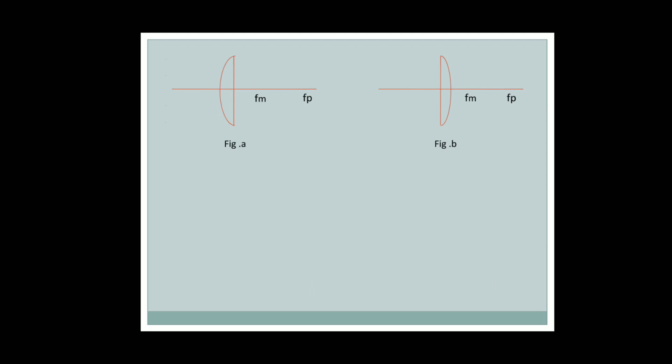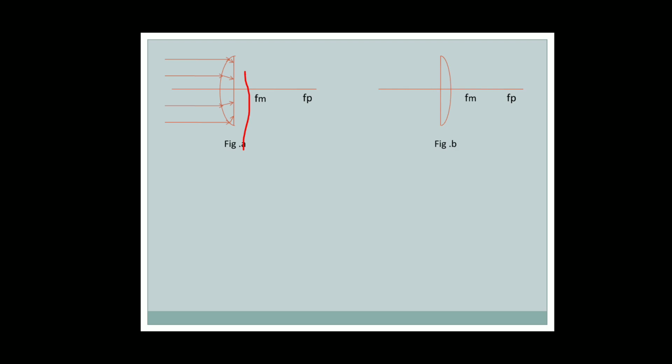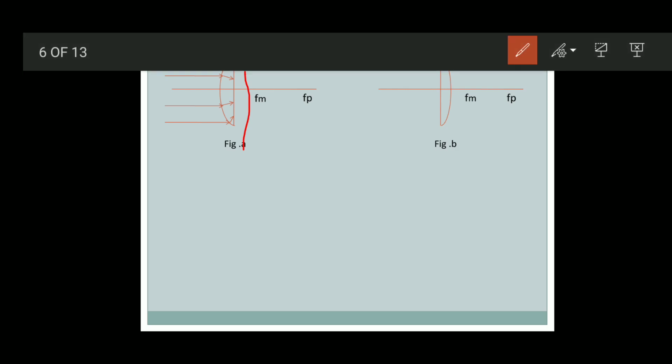So in this diagram, figure A, the curved surface is towards the object. The rays are incident on the curved surface, refracted, and incident on the plane surface. So up to now there is one refraction at the curved surface.